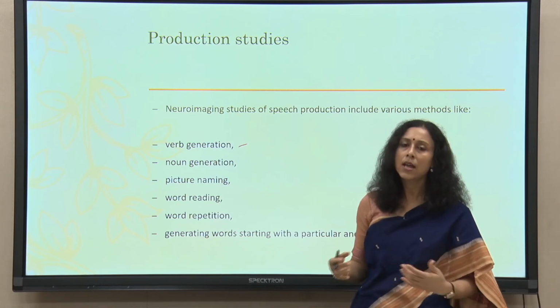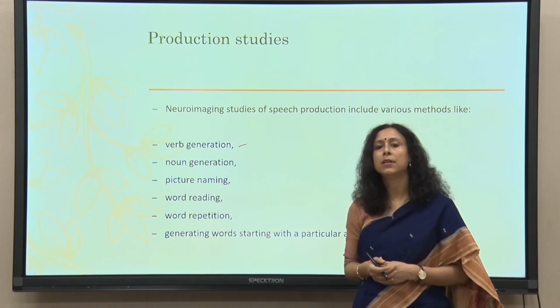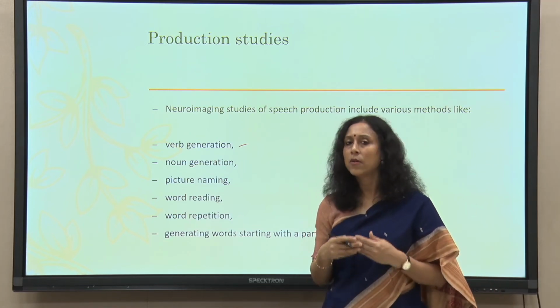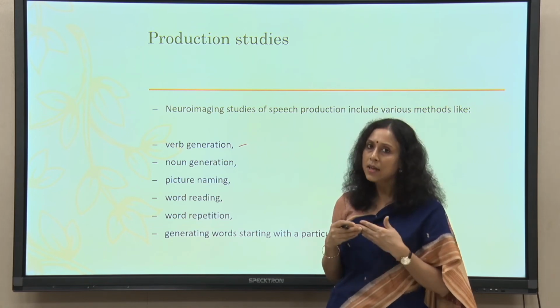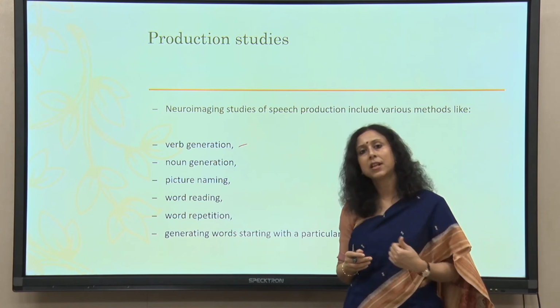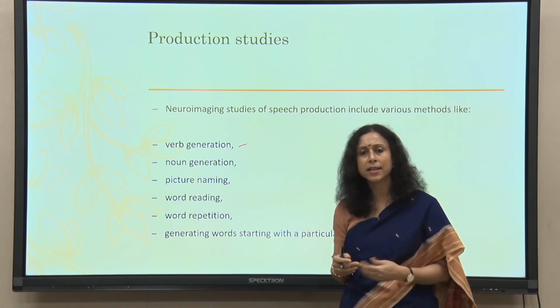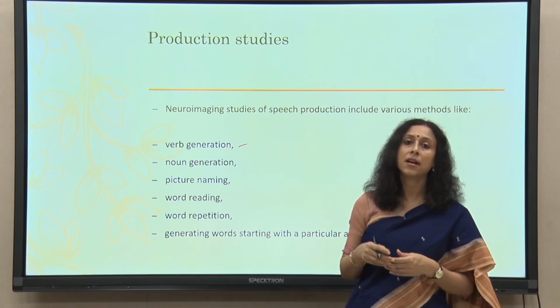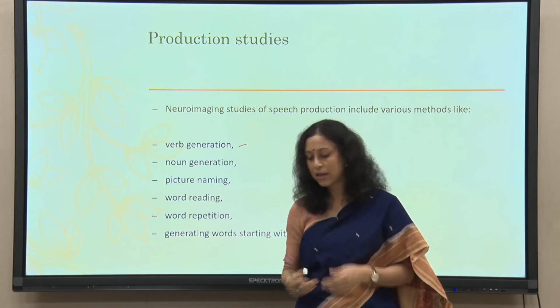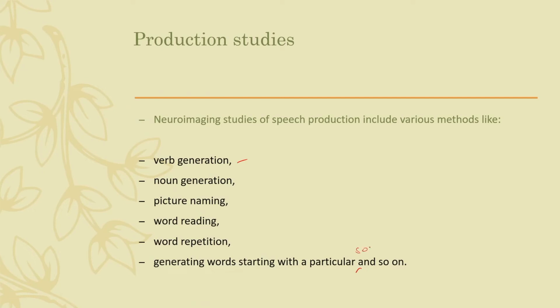There is a huge amount of data available in this research domain that has looked at various kinds of language producing structures. They have utilized verb naming versus object naming versus picture naming, and also generating words starting with a particular sound, so it can be the sound b or g, and so on. Simultaneously there will be a neuroimaging study as part of this paradigm.